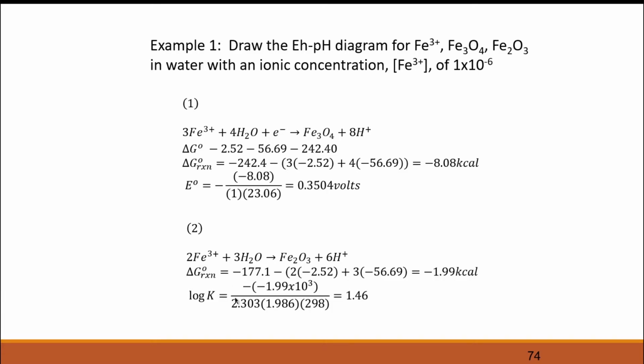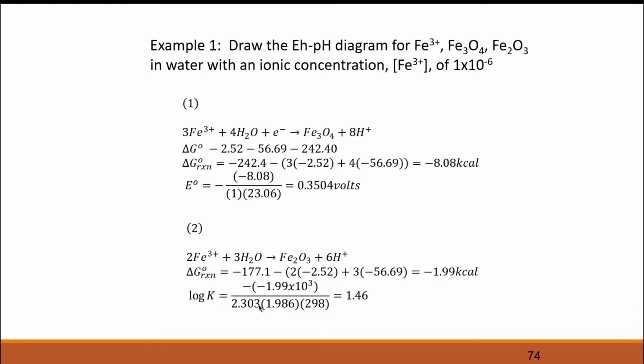Okay, so we used the equilibrium equation, which is delta G is equal to negative RT ln K_eq. Okay, so if we rearrange that, we get log K_eq is equal to negative of the delta G divided by RT.